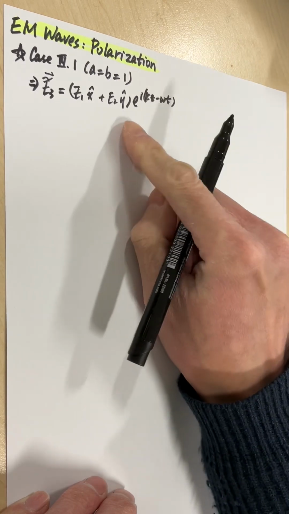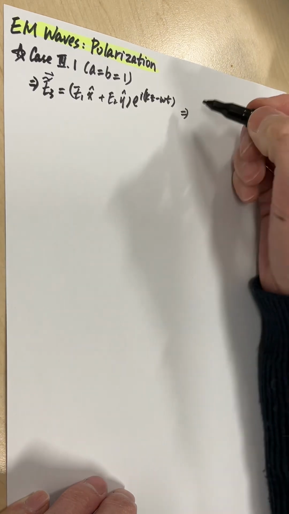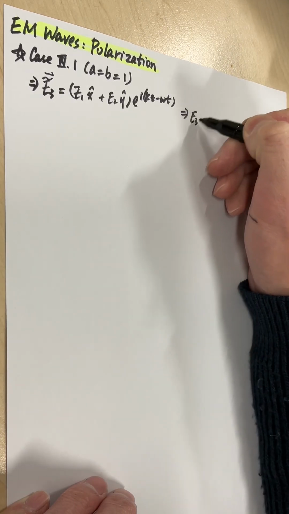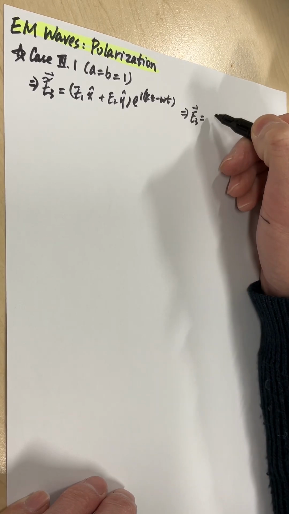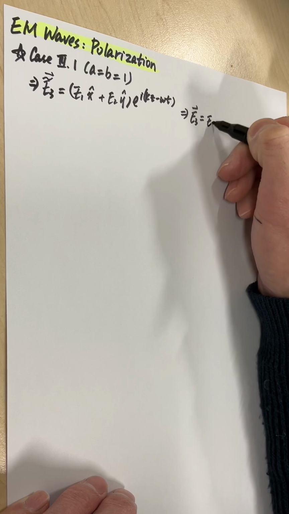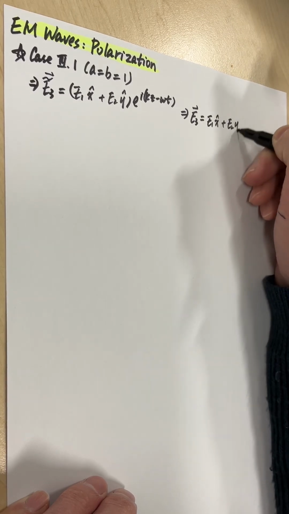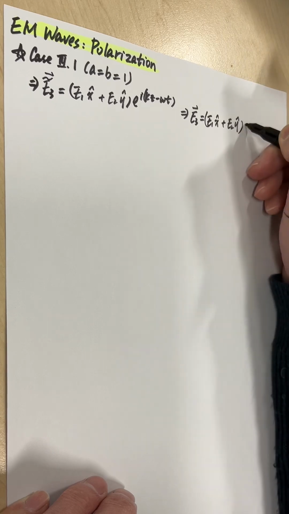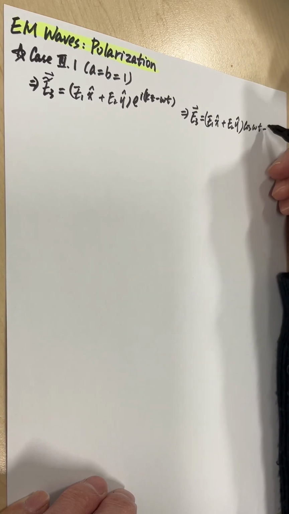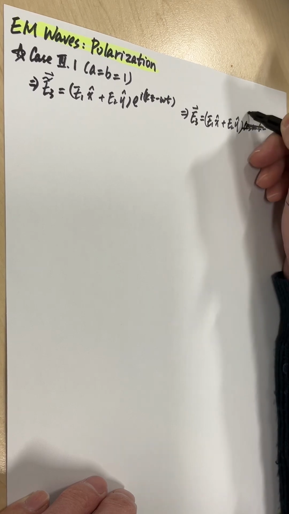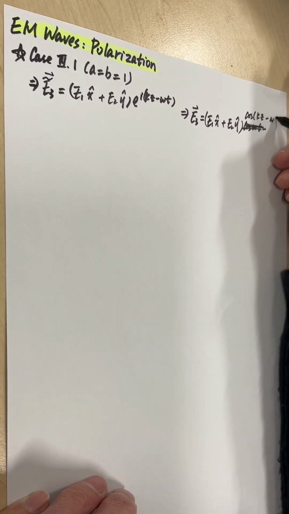Okay, so that's a wave function, and only the real part has physical meaning. So we have E3 equals E1 x direction plus E2 y direction, and then cosine kappa z minus omega t.